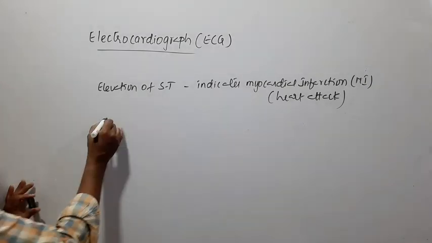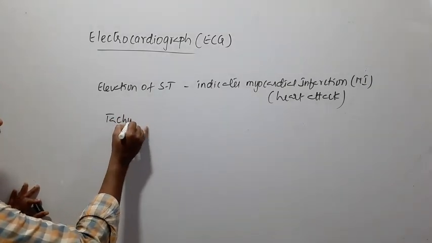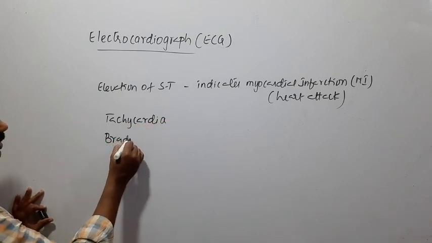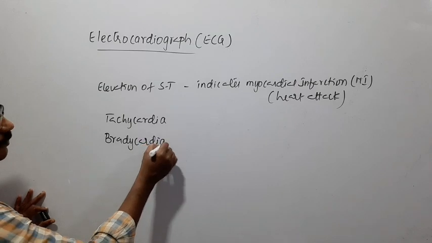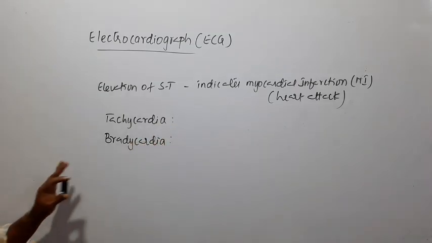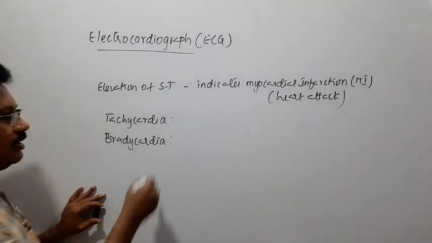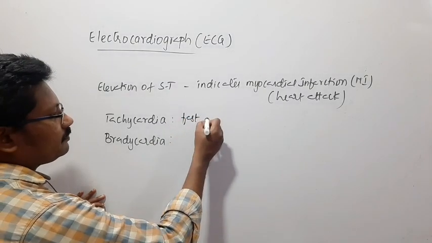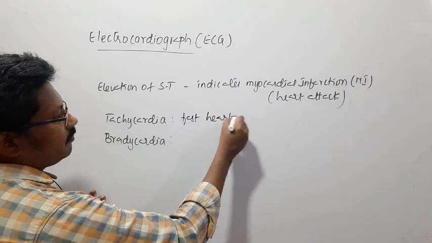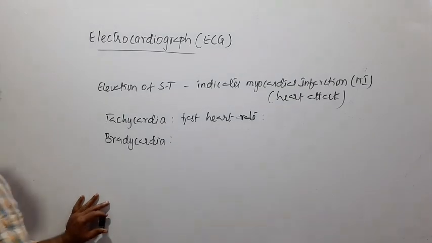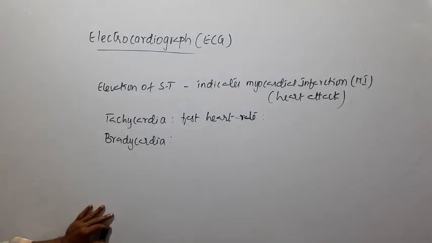And there are certain other problems like tachycardia and bradycardia. Tachycardia is a fast heart rate, and that rate will usually be more than 100 beats per minute.